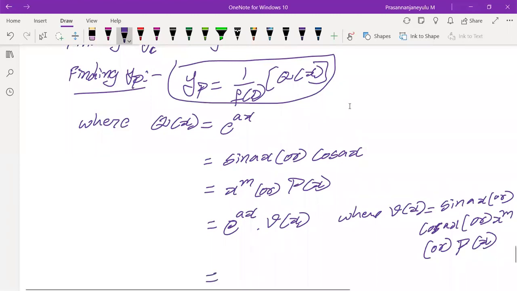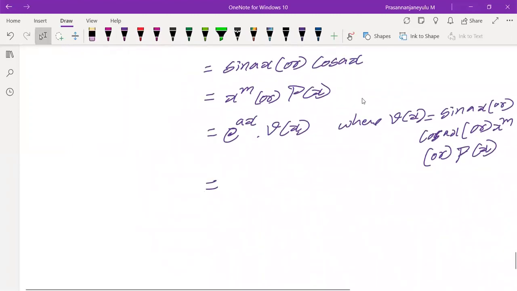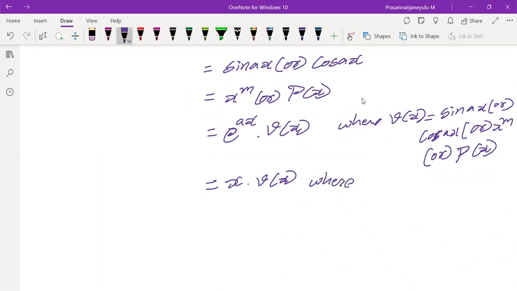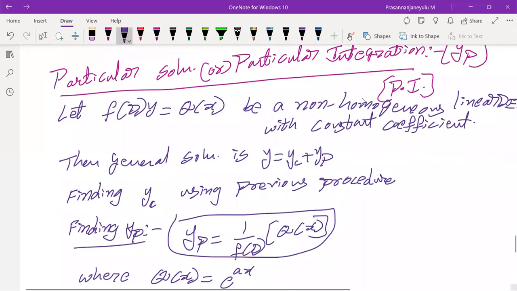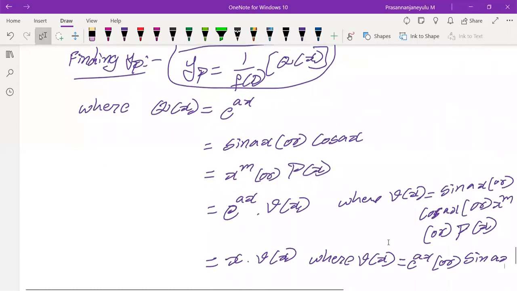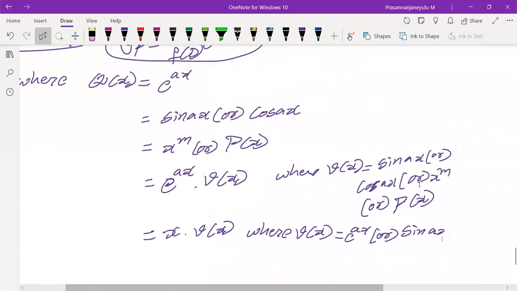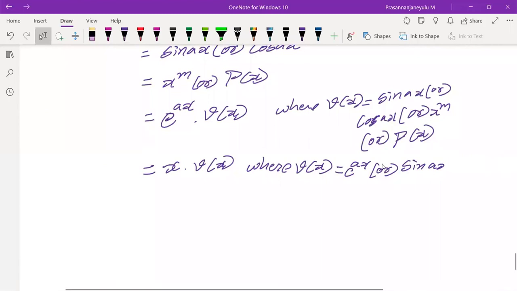But the next case is x power 1 into v of x. In this case, again, v of x will be different, where v of x equals, there are three cases, e power ax or sine ax, sine bx or cos bx, cos ax, anything can happen.